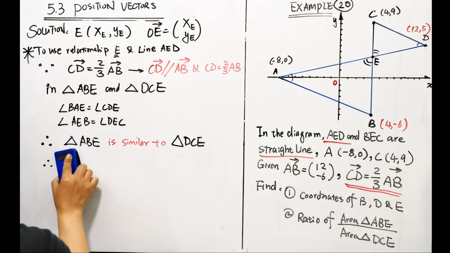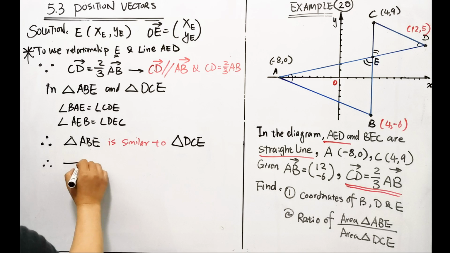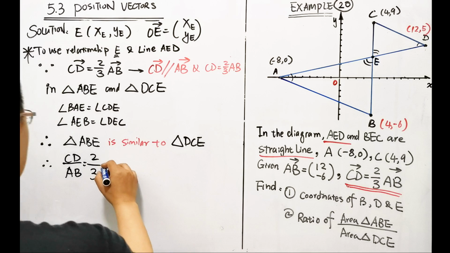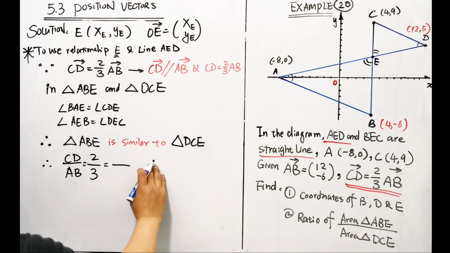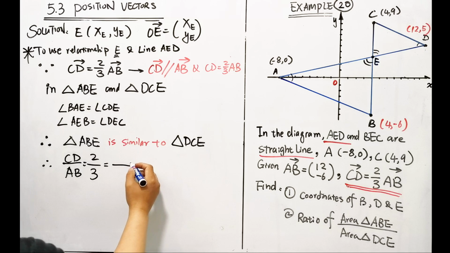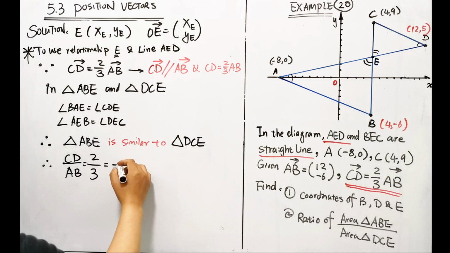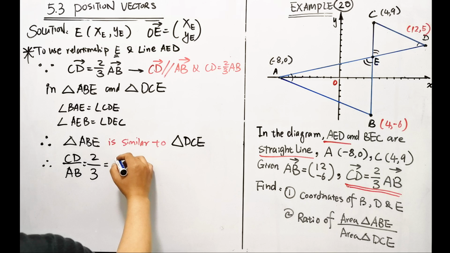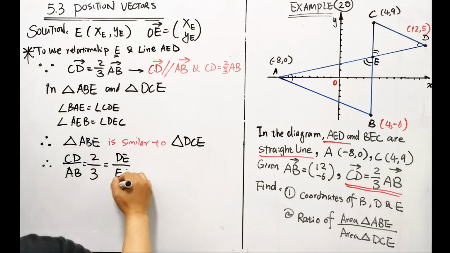Because they are similar, CD over AB is how much? It is 2/3, right? Because they are similar, we also can have this answer, because of the same line. We also can find out that AE and the ED, then we also can find out this and DE over the EA, over the AE, right?